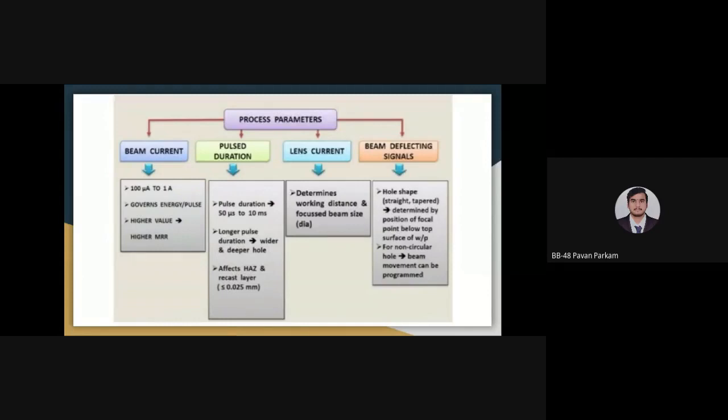A higher value of beam current will generate high beam energy per pulse, and it will generate high material removal. Please remember, by changing this beam current you can change the beam energy or the material removal rate on your workpiece surface. This is a very important parameter.